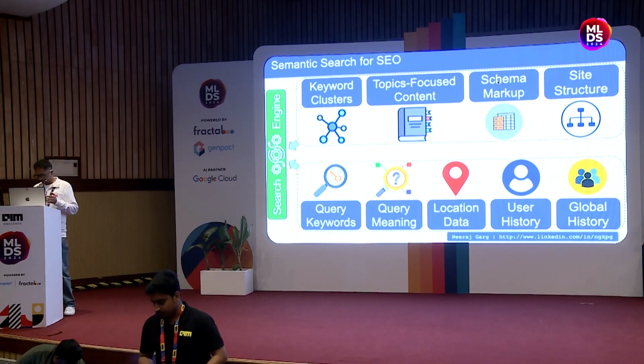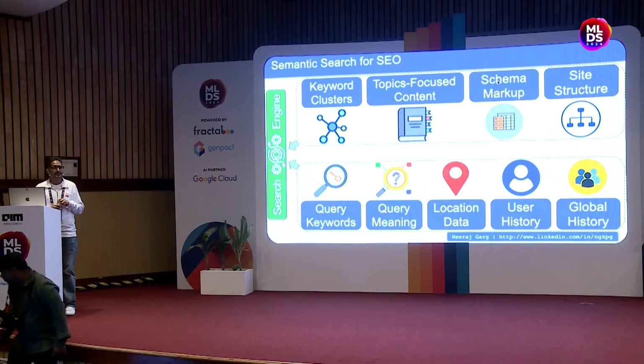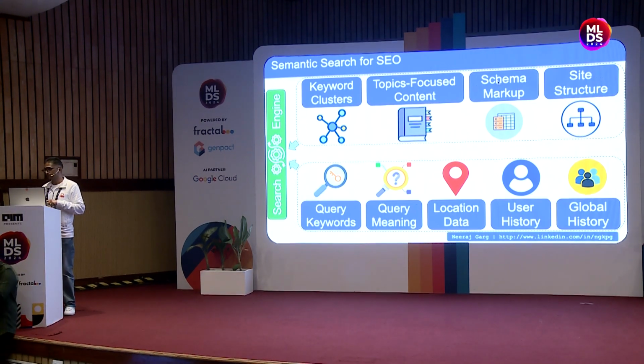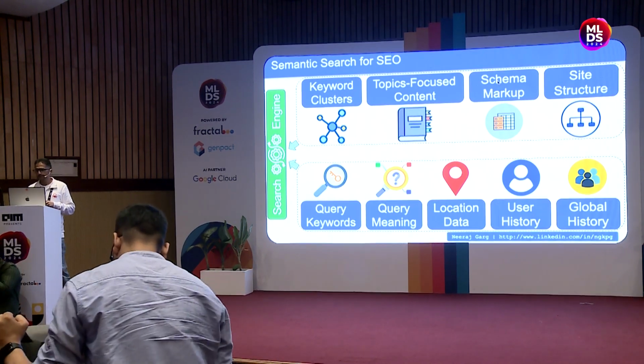We also need to ensure that we have a good quantity and quality of schema markup, also known as structured data, I think. So that is basically metadata, data about the content on your web pages. So that is also extremely important.